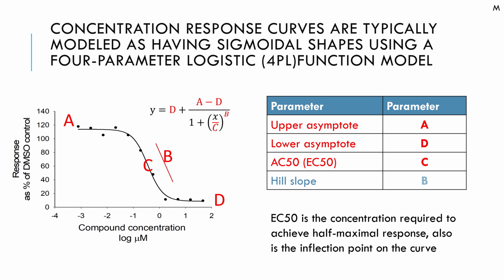And the technical term here is 4-parameter logistic function model, and we are basically taking that curve and extracting some key attributes of it, the A, D, and C values, this A being the upper asymptote, D lower asymptote, and C, which is the concentration at 50% of the activity. It's the inflection point for this curve.